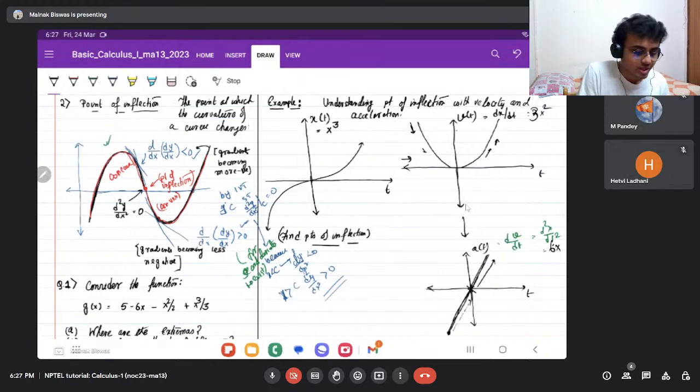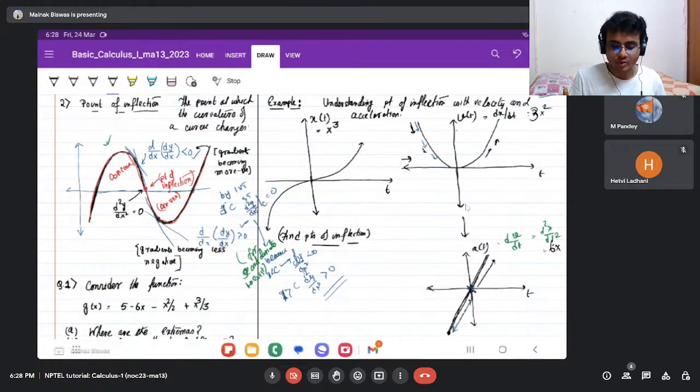So you see here also your acceleration changes sign, right? So your acceleration was negative here, and the magnitude of your acceleration kept on decreasing, or your acceleration as a signed quantity kept on increasing, because we are taking sign in mathematics.